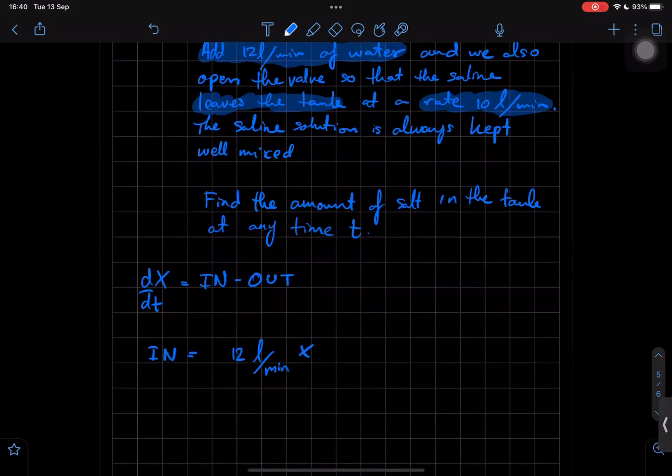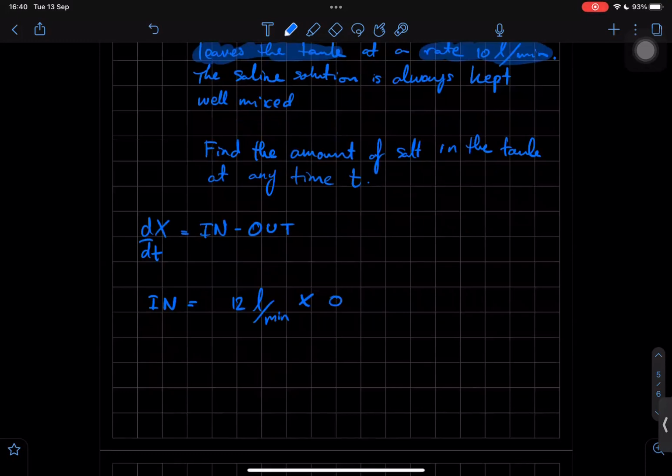So the concentration of the salt is 0. So the in rate is 0. Okay. Next is the out rate. Okay, the out rate. Out is 10 liters per minute, right?